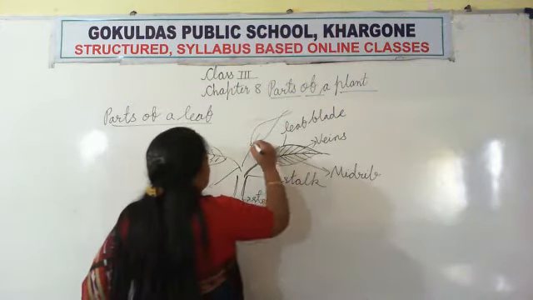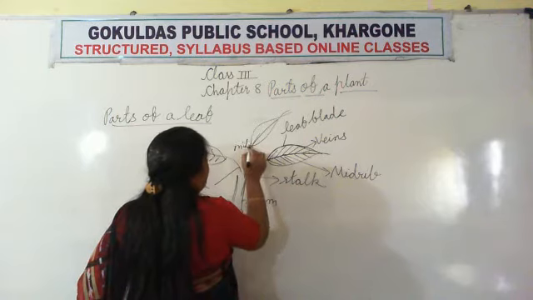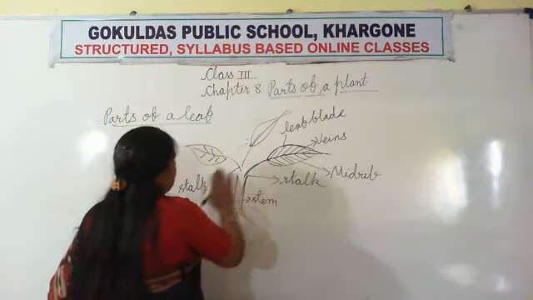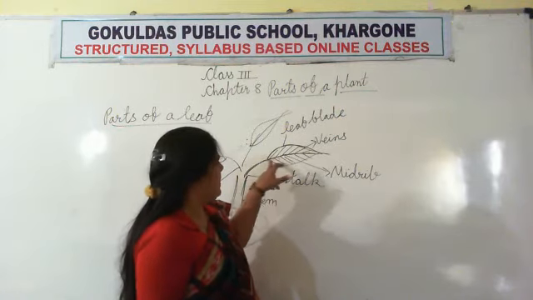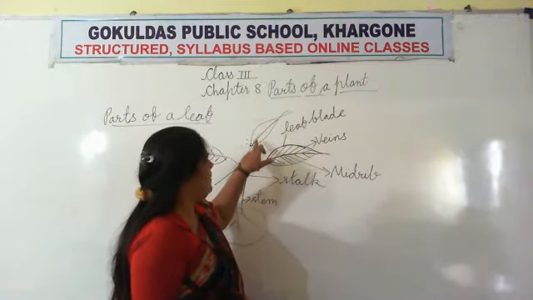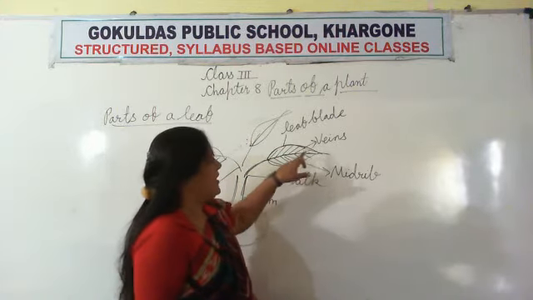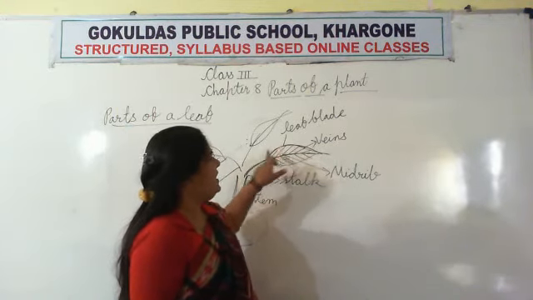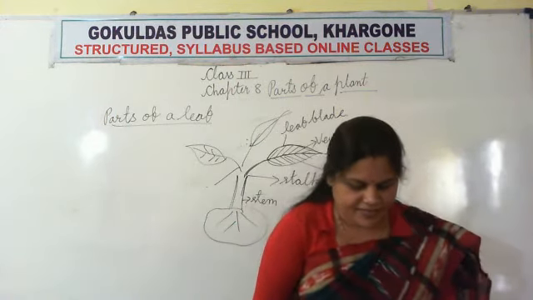This part is called midrib. This part is called stalk. This middle line is called midrib, and these small lines are called veins, and this is the leaf blade. This is the leaf blade, right?